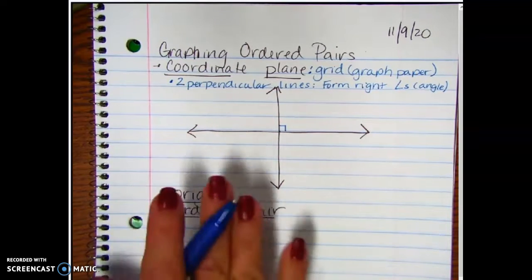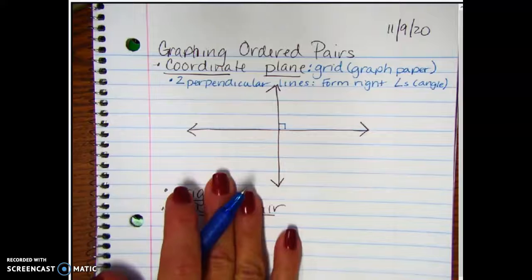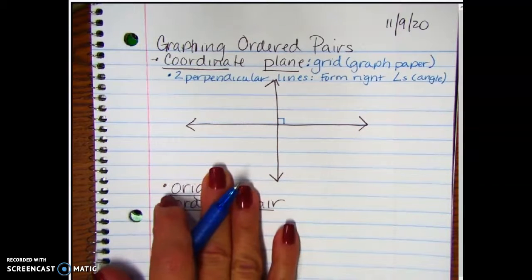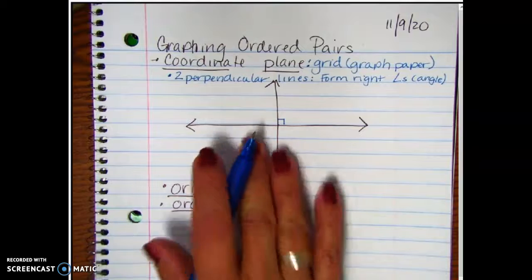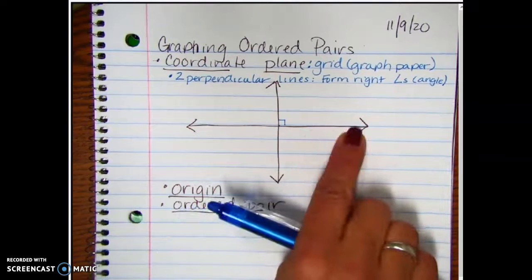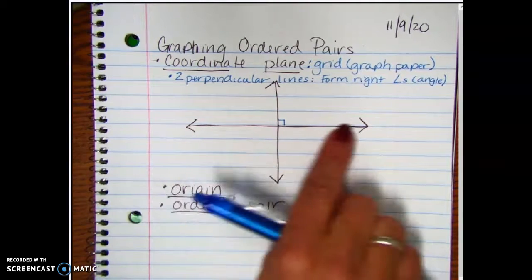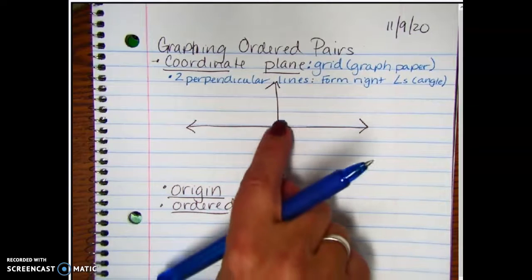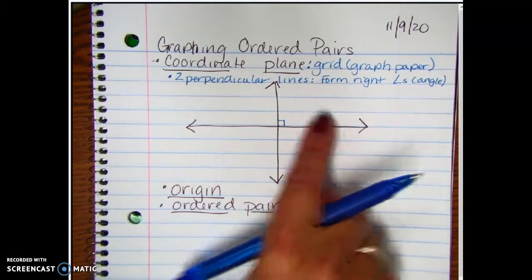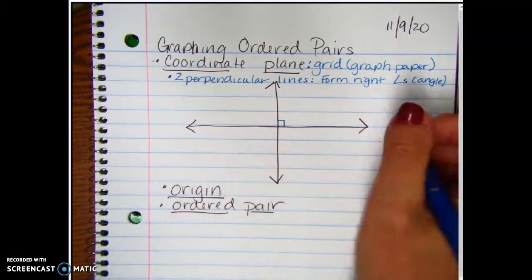Now, we learned last week and a little bit before that about our positive and negative numbers. So, this horizontal line, if this were 0, to the right of 0 is positive, to the left of 0 is negative.